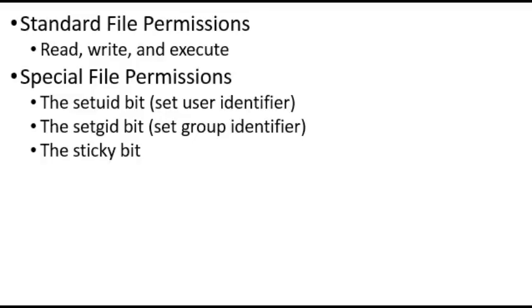These special bits will make the files and directories behave differently for certain access operations. These bits are called the set user identifier, abbreviated as setuid, the set group identifier, abbreviated as SGID, and the sticky bit. Let's focus on the setuid bit first.